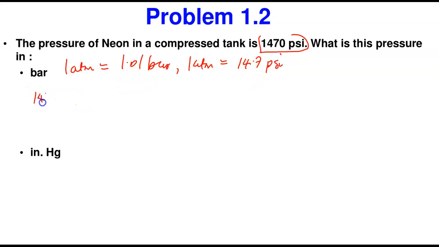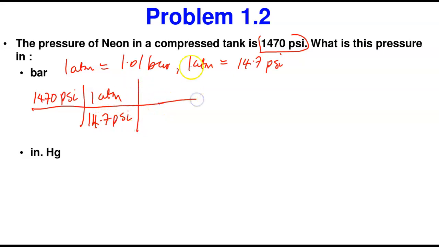Let's go. 14.7 psi. I want to first of all convert it to atm. So I know that 1 atm will give me 14.7 psi.